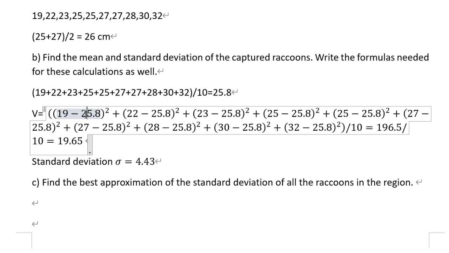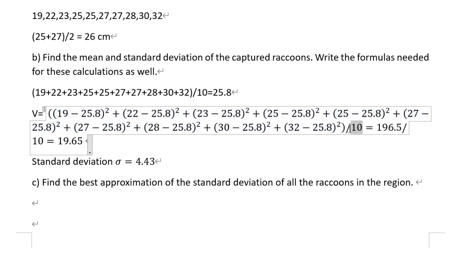So if we use the mean value from the entire population, what we computed can be taken as the standard deviation of all raccoons in the region, but because we don't have access to that mean, we can only say that we're using some approximation. And there's something called Bessel's approximation, which says, well, in that case, because the mean from the population will make this larger, you have to divide by something slightly less than 10.